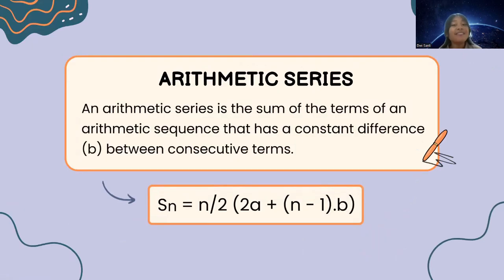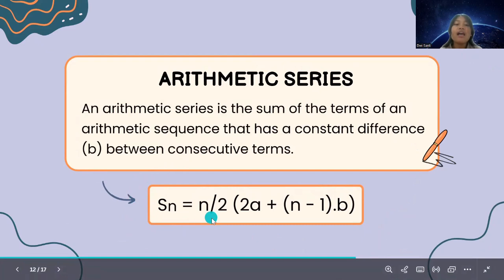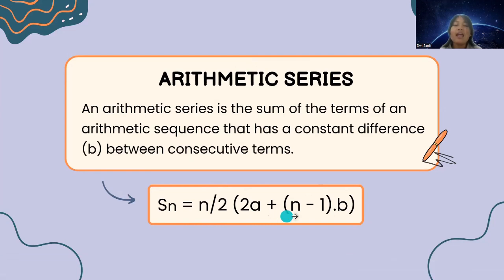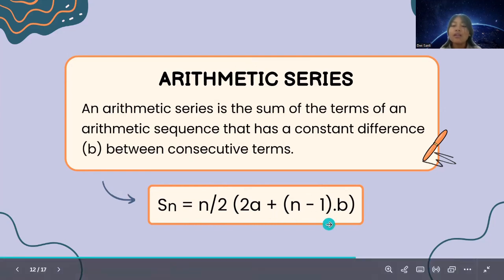An arithmetic series is the sum of the terms of an arithmetic sequence that has a constant difference b between consecutive terms. And the formula for an arithmetic series: Sn equals n divided by 2 multiplied by (2a plus (n minus 1) multiplied by b).